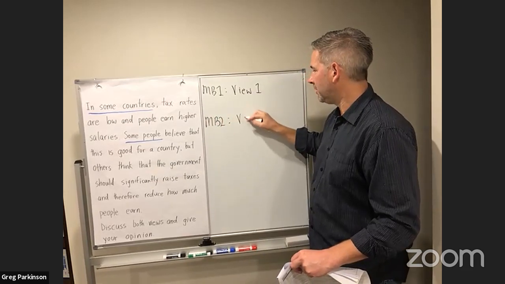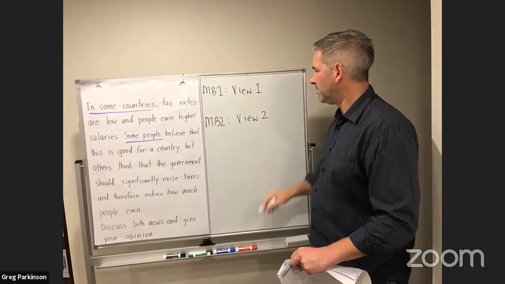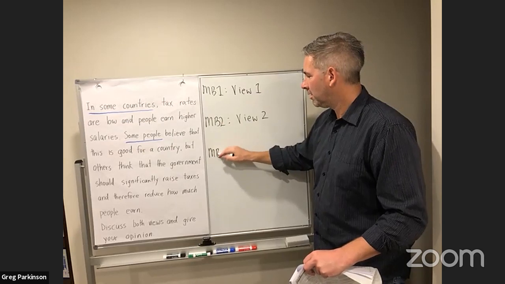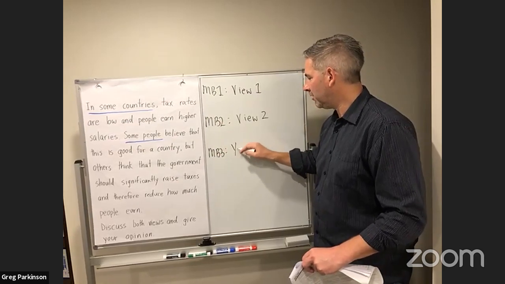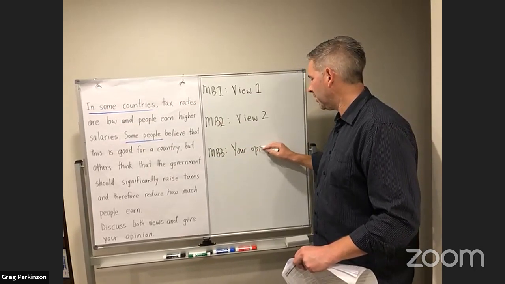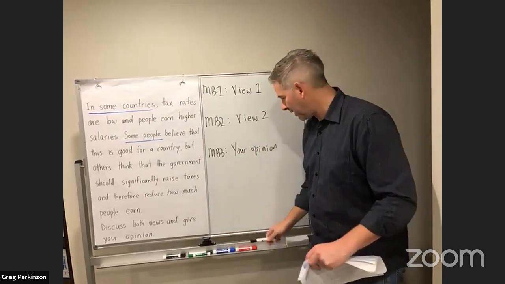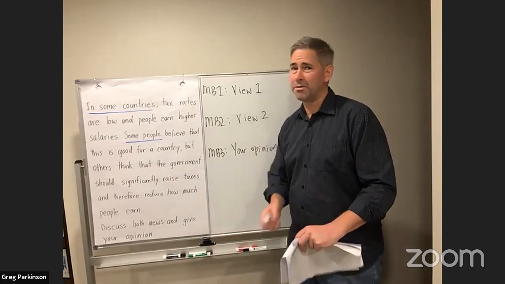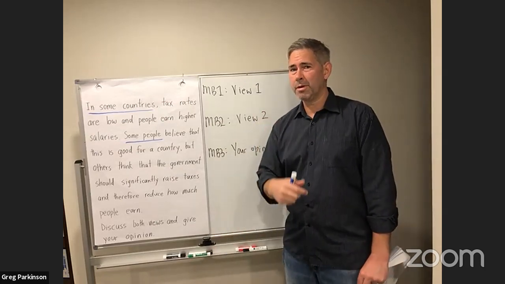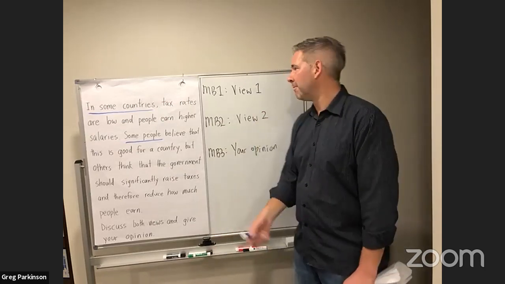Main body paragraph 2, view 2, main body paragraph 3, your opinion. Now, I know this is a review if you have seen this webinar, but it's always good to review. And this is so important because this is where many students fall down.